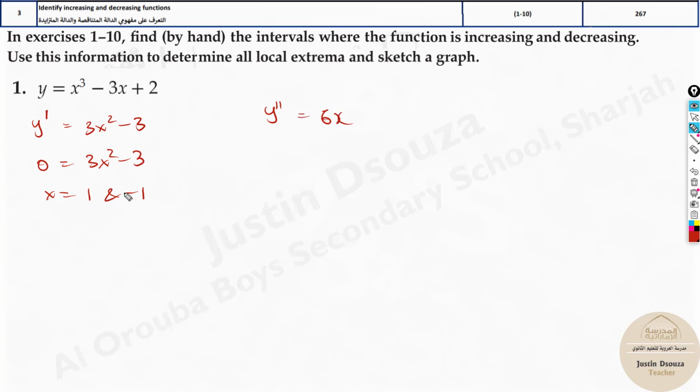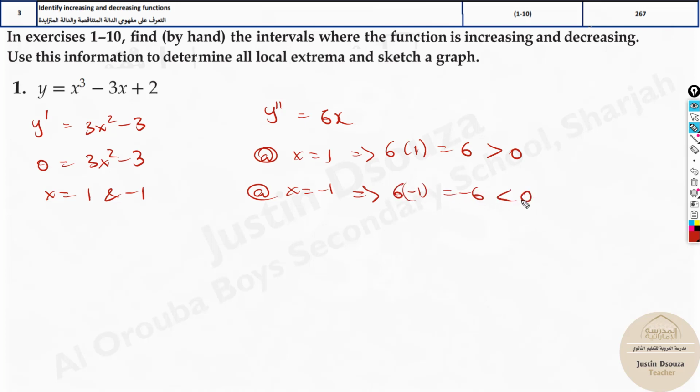Now you need to substitute both the critical numbers into this, at x equal to 1 and x equal to minus 1. When x is equal to 1, it'll be 6 times 1, that is positive 6, which is greater than 0. But when it's minus 1, it'll be 6 times minus 1, minus 6, which is less than 0.